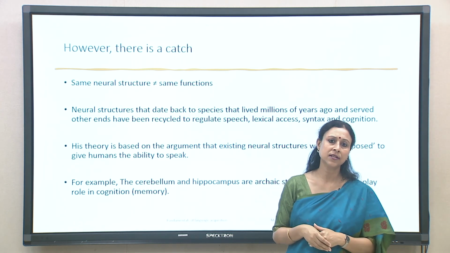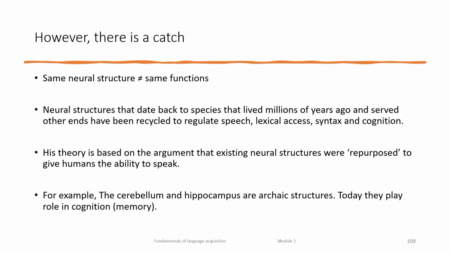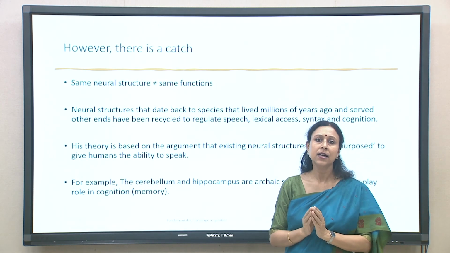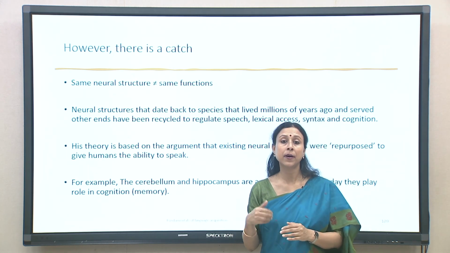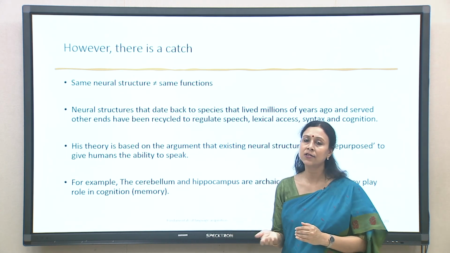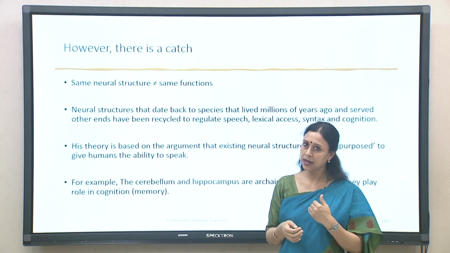So, neural structures that date back to species that lived millions of years ago and served other ends have been recycled to regulate speech. The primary focal point of Lieberman's theory is that neural structures evolved over time. Neural structures have been repurposed for different kinds of activities and functions.